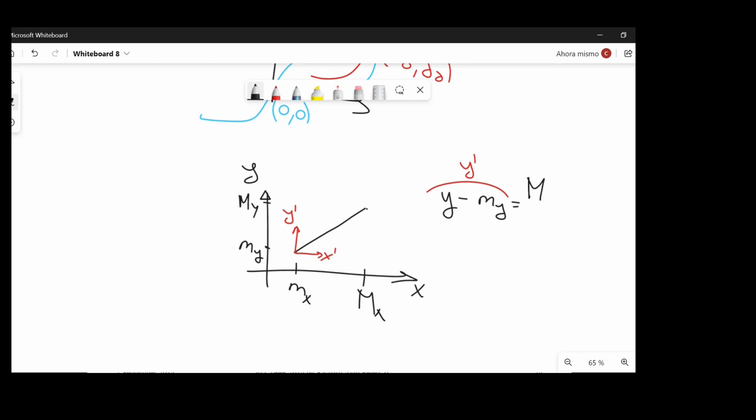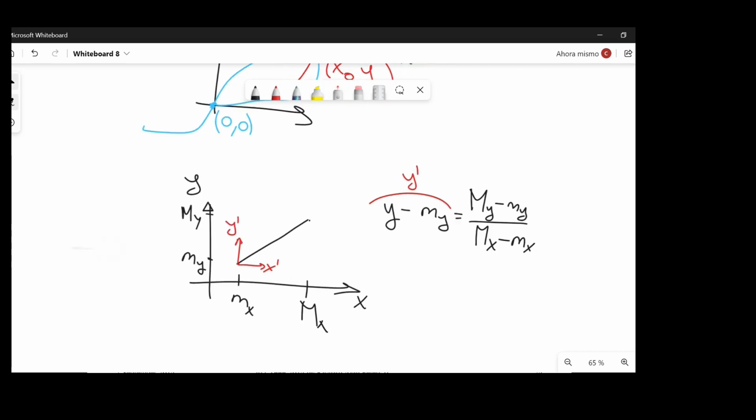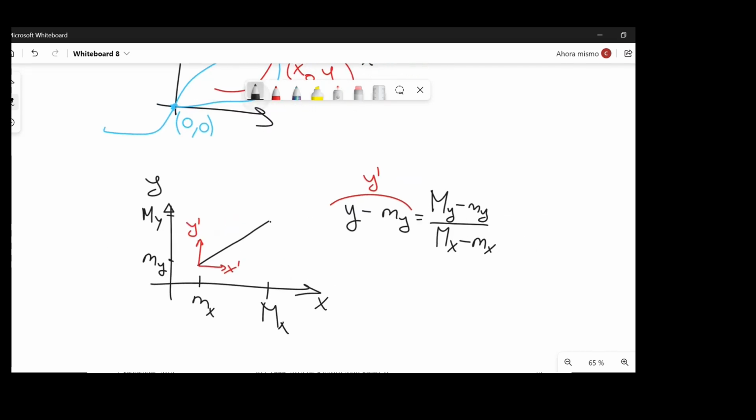The slope is y max minus y min, divided by x max minus x min. And this is x prime, which is x minus x naught.